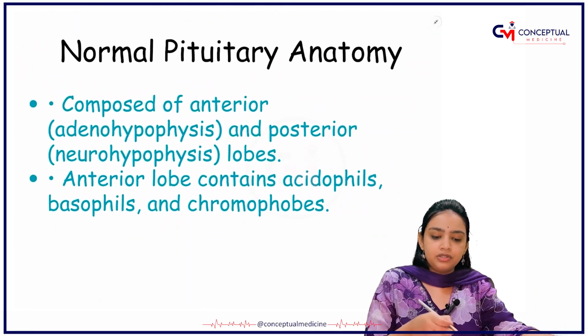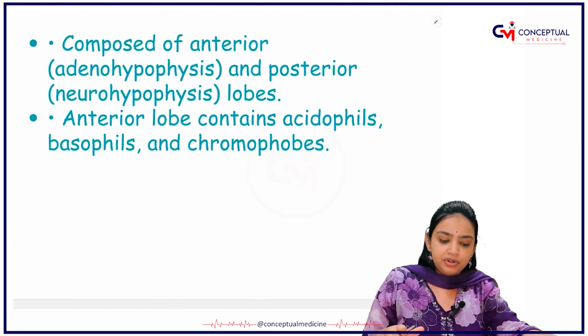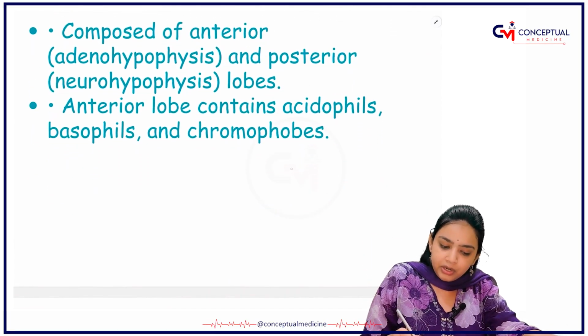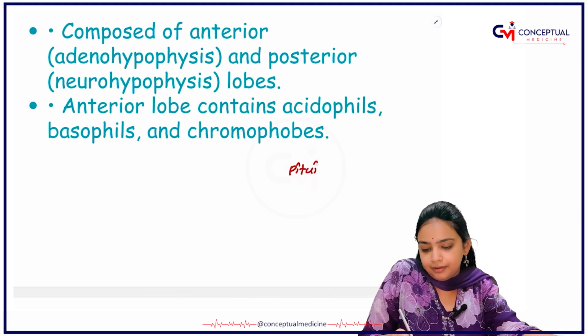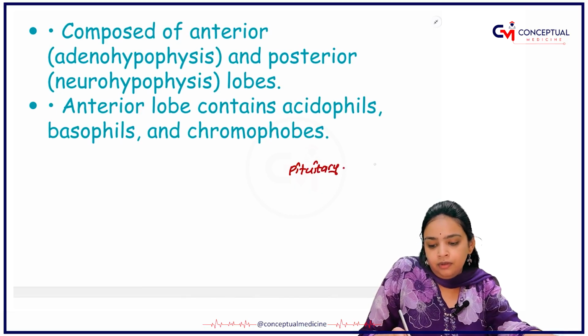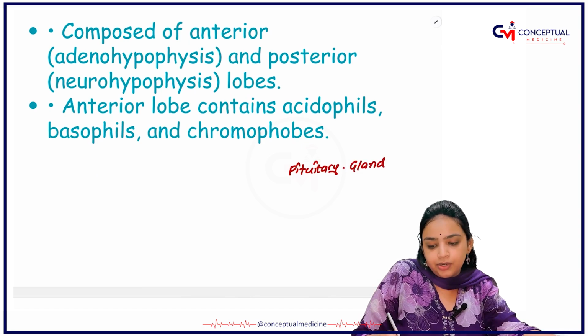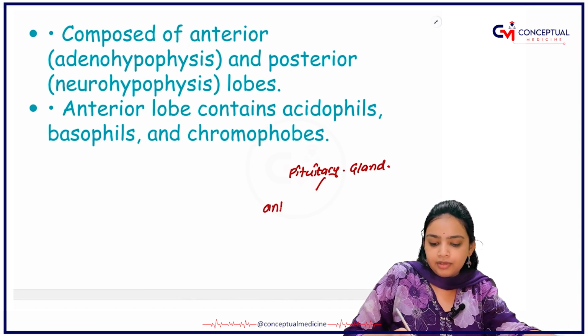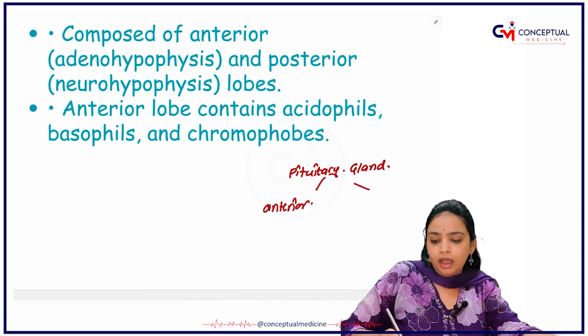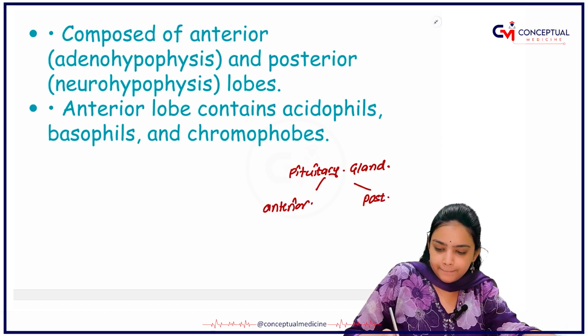Next, let's see the normal pituitary anatomy. I have already told you that your pituitary gland is divided into two types. What are the two types? You have the anterior pituitary and the posterior pituitary.